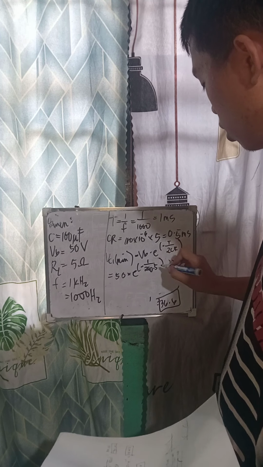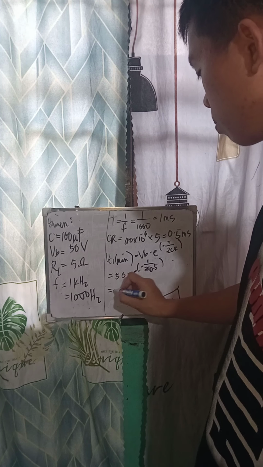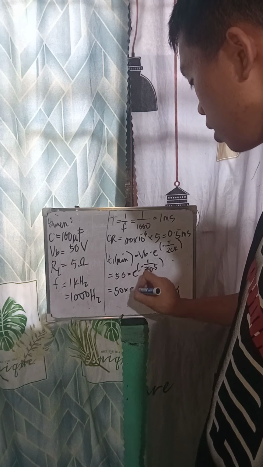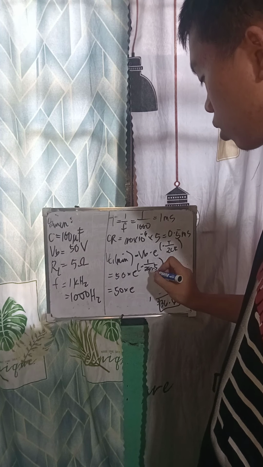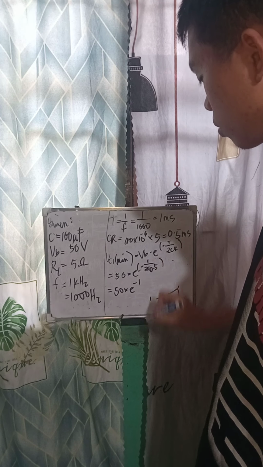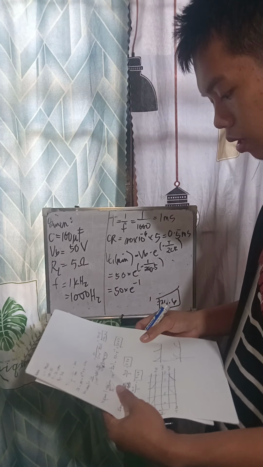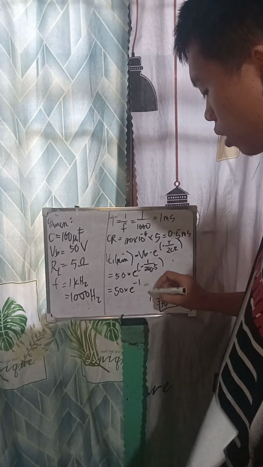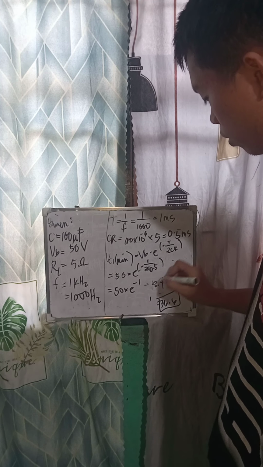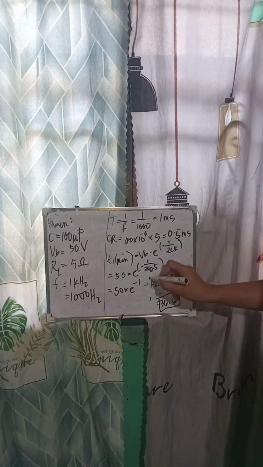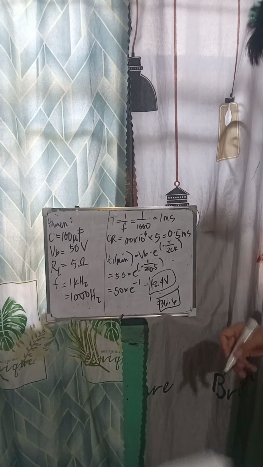So 50 times e raised to negative 1. If you calculate it, the answer would be 18.4 volts. So we have now the maximum and minimum voltage.